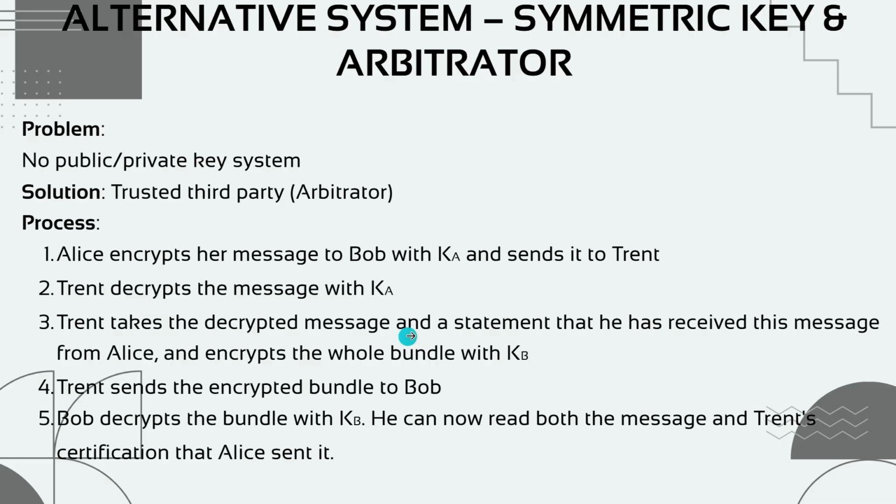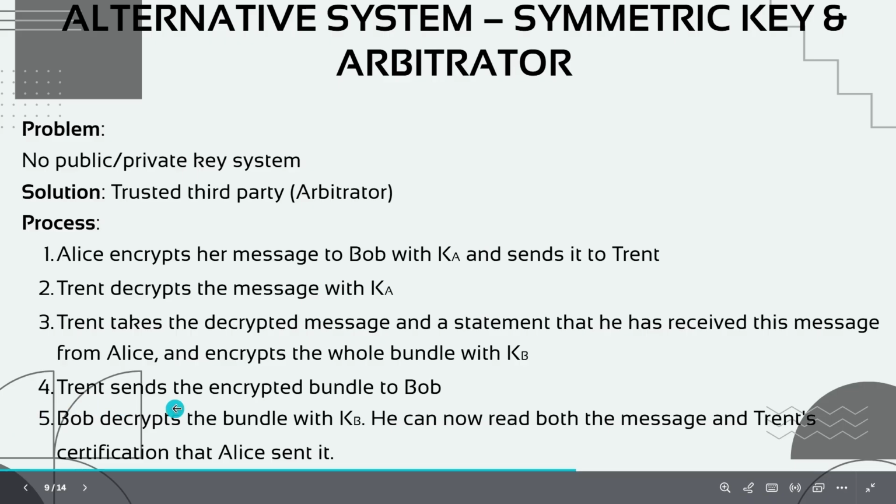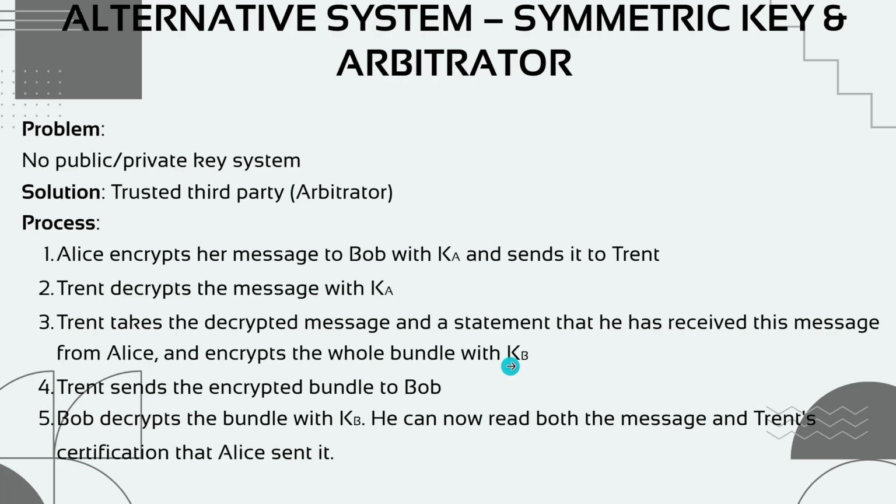Trent takes the decrypted message and a statement that he has received this message from Alice and encrypts the whole bundle with KB, another key. Trent sends the encrypted bundle to Bob. Bob decrypts the bundle with KB. He can now read both the message and Trent's certification that Alice sent it.